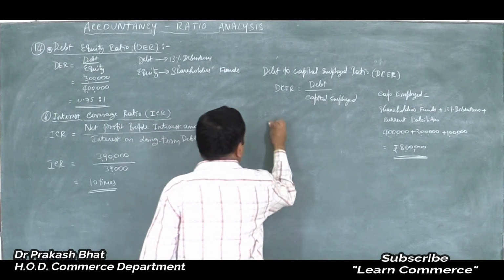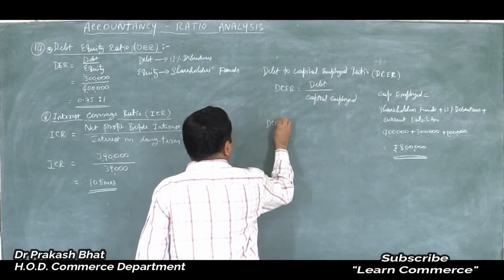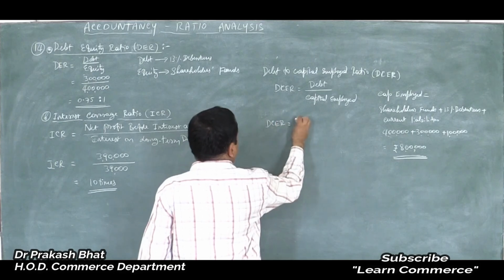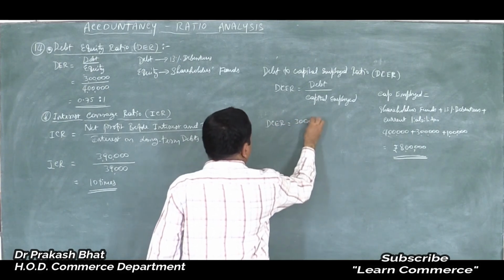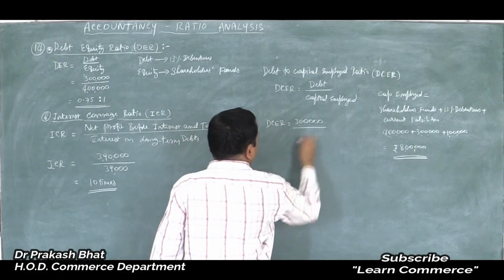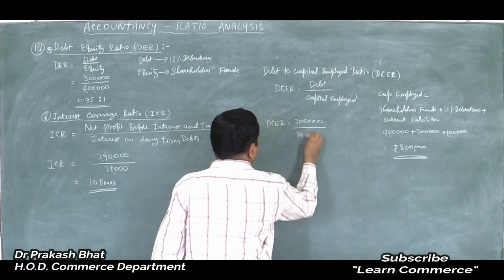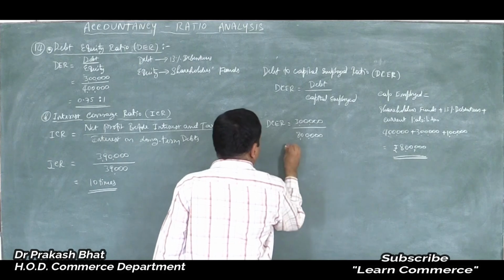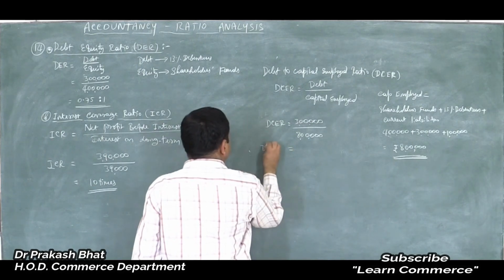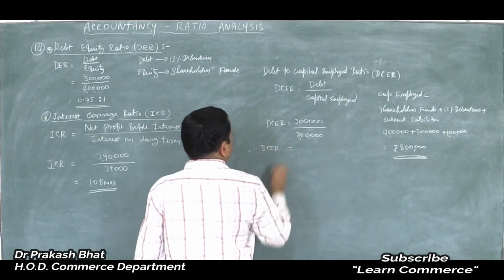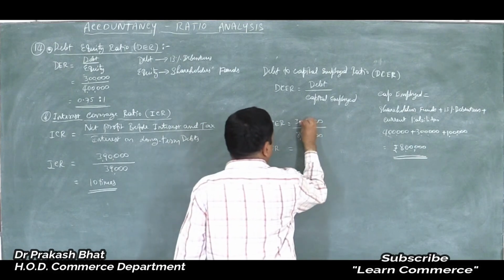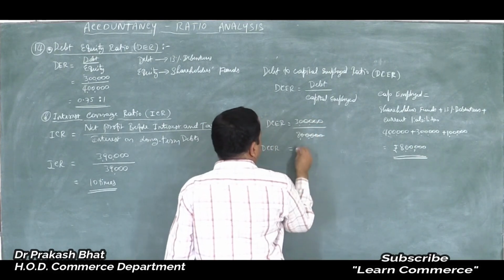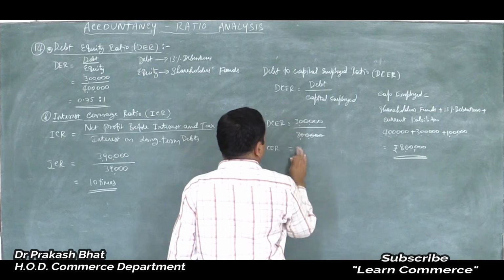So, therefore, DCER is equal to 3 lakh divided by 8 lakh, which is 0.37.